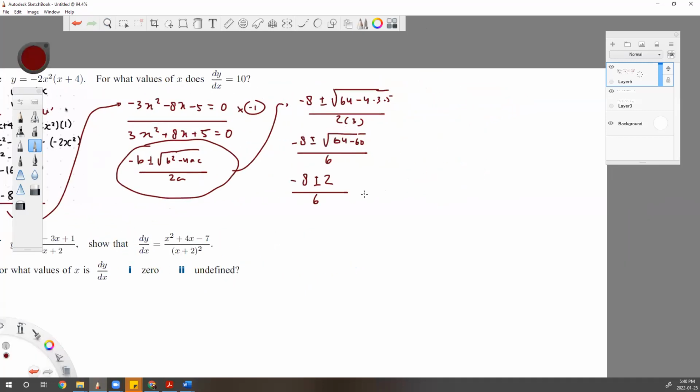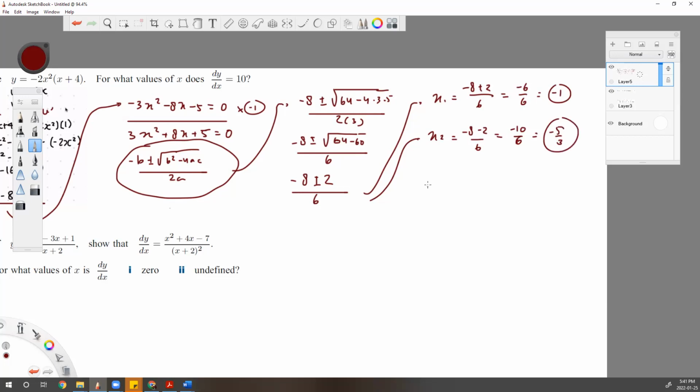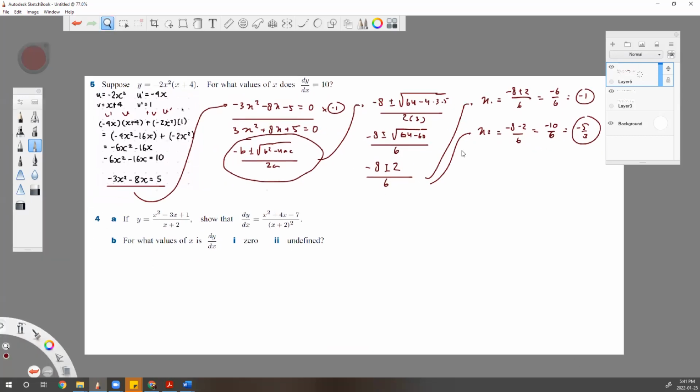So the first x will pick the positive, and the second x will pick the negative: negative 8 minus 2 over 6. So the first answer will be negative 6 over 6, and the second answer is negative 10 over 6, so negative 5 over 3. That's it, done. That's the answer.